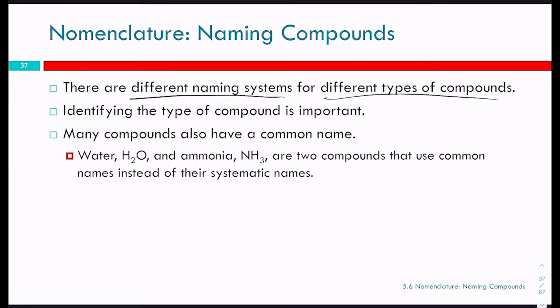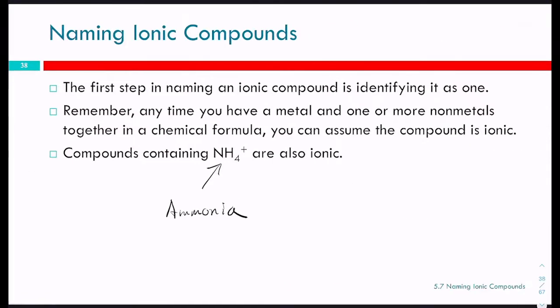There are a lot of compounds that have common names, or well, some. Water, ammonia. We don't deal with a ton of those aside from these two. But generally, you'll see those common names rather than the systematic names. Oh, there's a leftover from, this is actually ammonium.